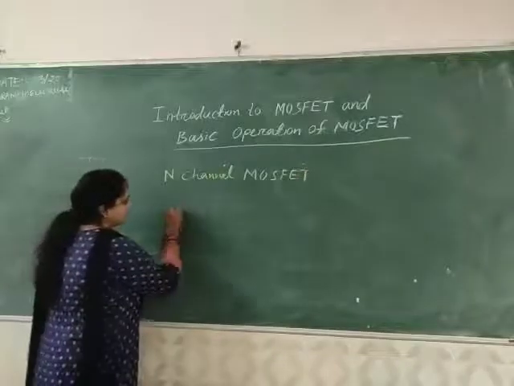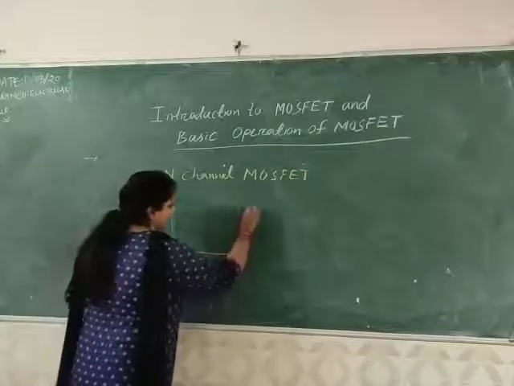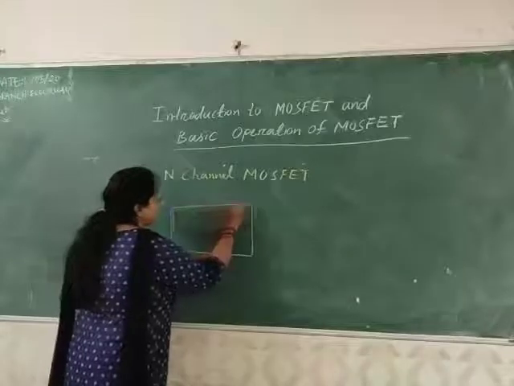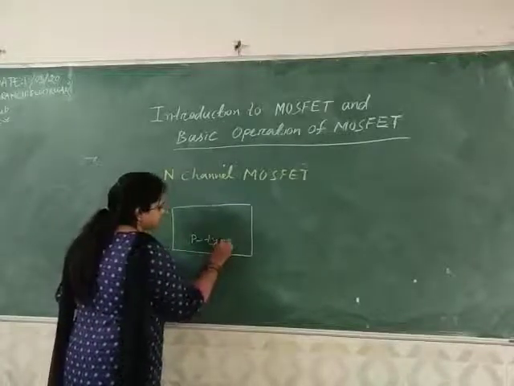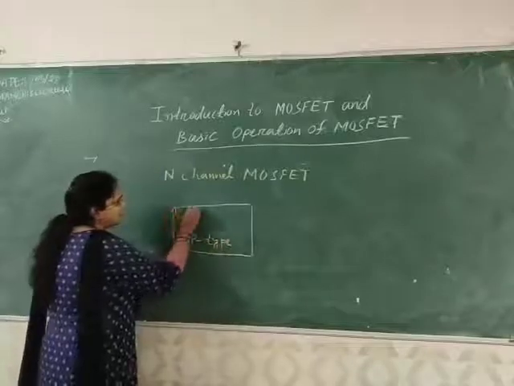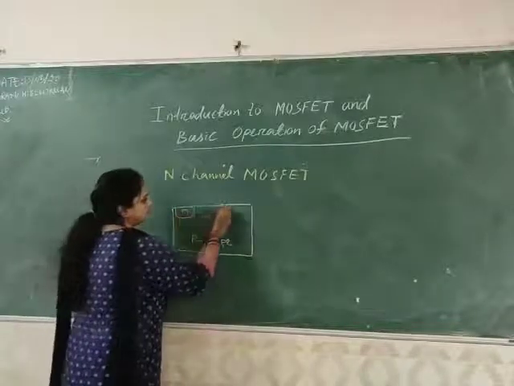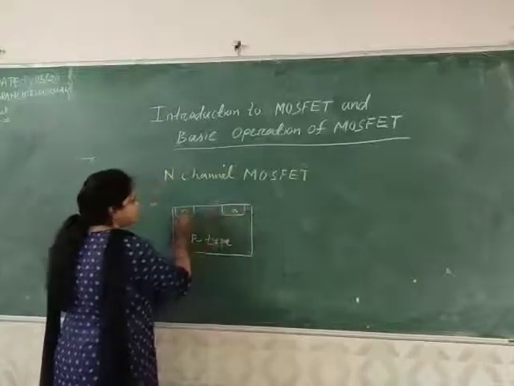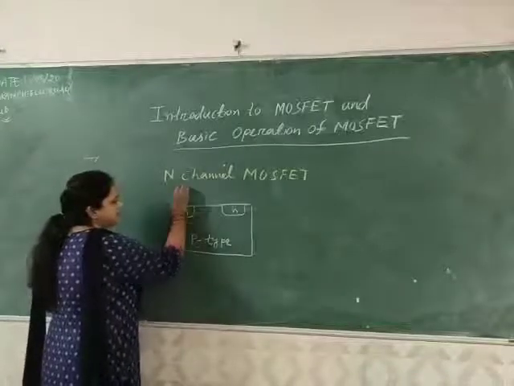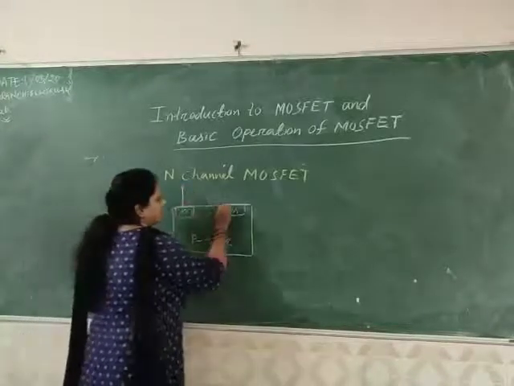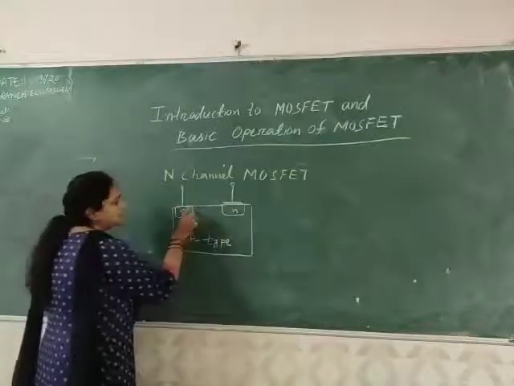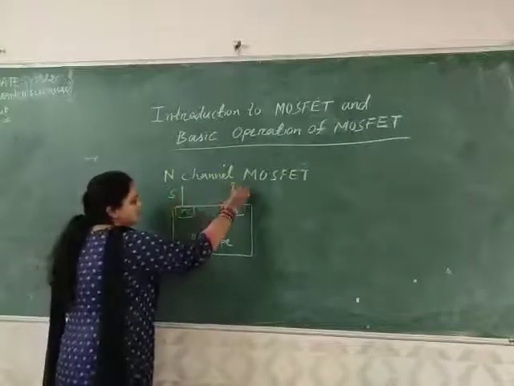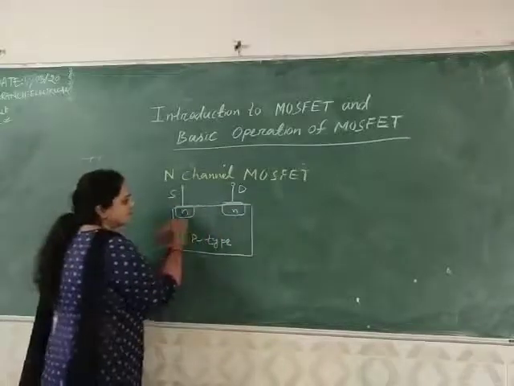For this, first we take a P-type substrate. Then two N regions are formed within it. One region acts as a source, another region acts as a drain. Then between source and drain the gate region is formed.